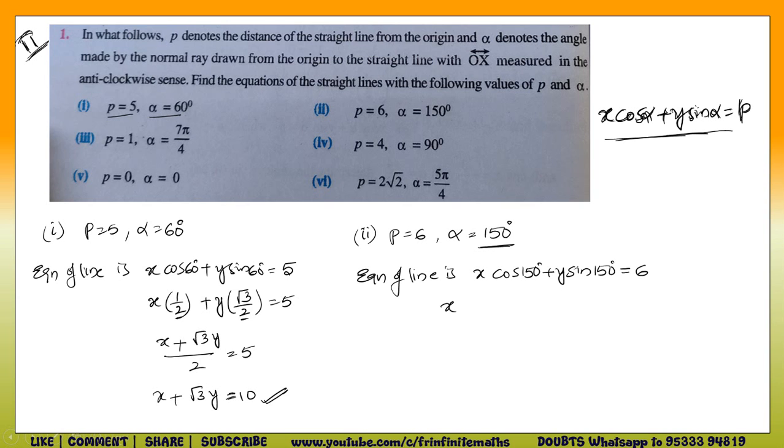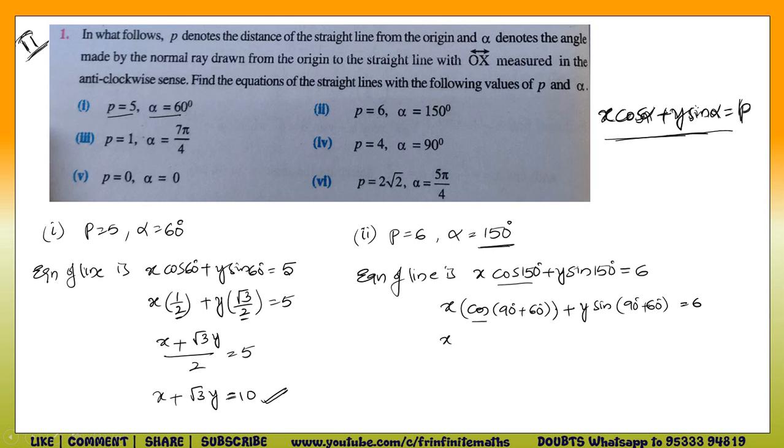In the second quadrant cos is negative, so cos 150 I can write as cos of 90 plus 60, and plus y times sin 150 I can write as sin of 90 plus 60 degrees, which is equal to 6.